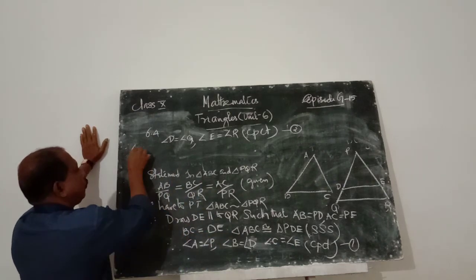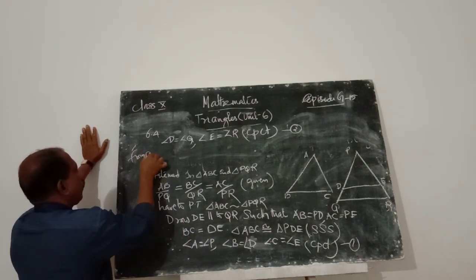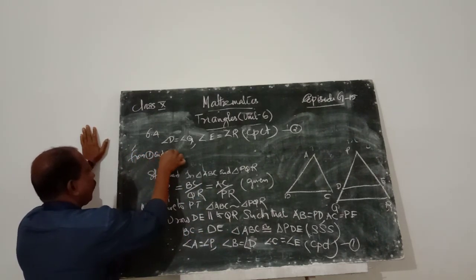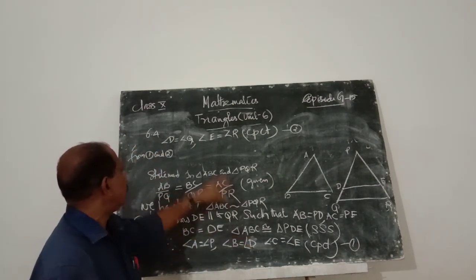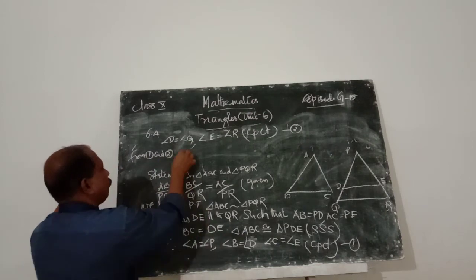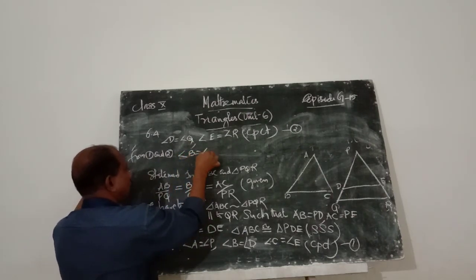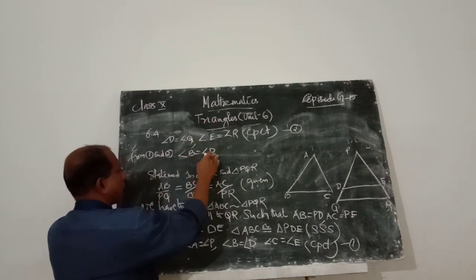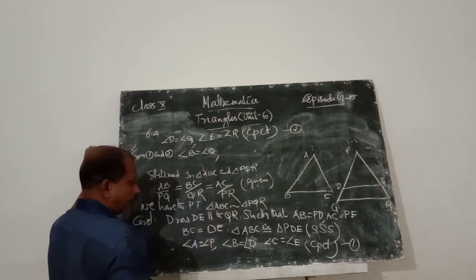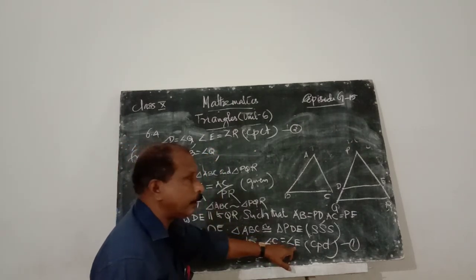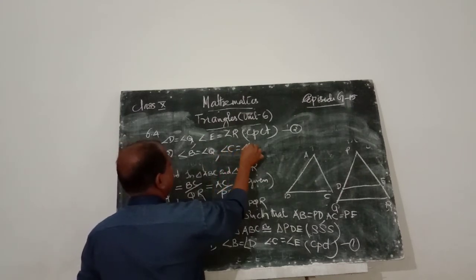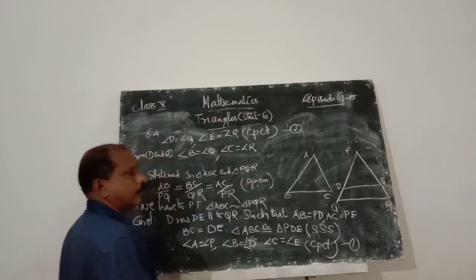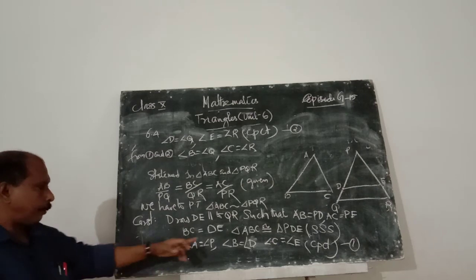From 1 and 2, angle B is equal to angle D. Angle D is equal to angle Q. Therefore, angle B is equal to angle Q. Angle C is equal to angle E, and angle E is equal to angle R. Therefore, angle C is equal to angle R. That means angle A is equal to angle P from CPCT.